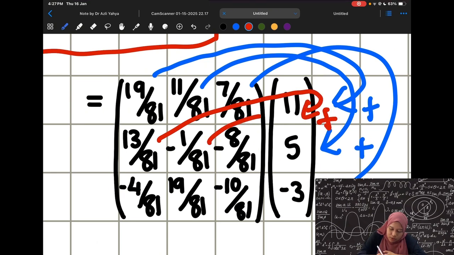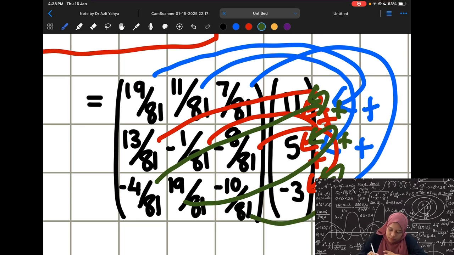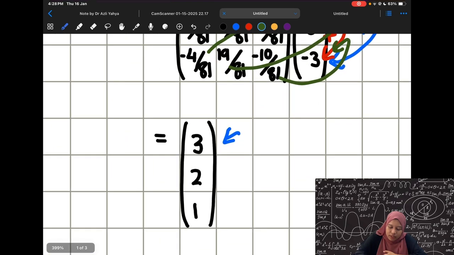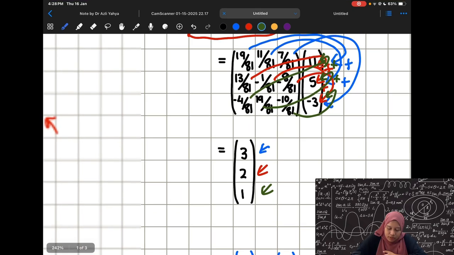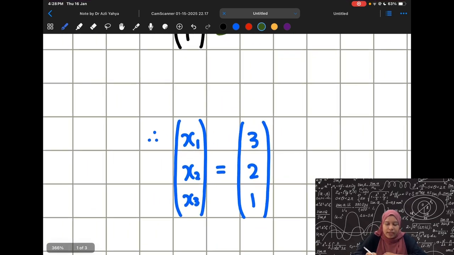Okay, plus with this and this. Okay. After that, we get the answer of 2 and also 1. Okay, so finally you get the answer for our x, which is x1 is equal to 3, x2 is equal to 2, and x3 is equal to 1.